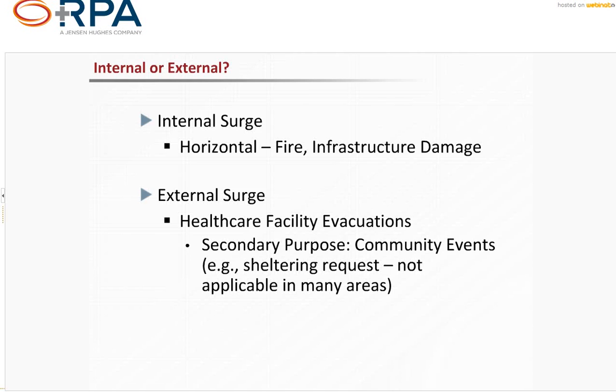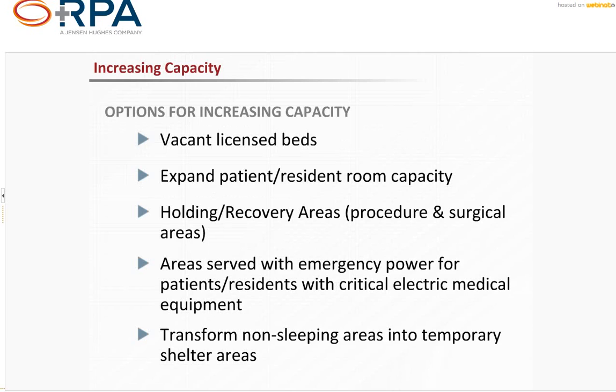Internal events could be a horizontal shift, like a fire or structural damage on part of a building, or we're getting that external surge where we've got community that's now coming in or another healthcare facility evacuating to us, and we're trying to assist by being that resident accepting facility.